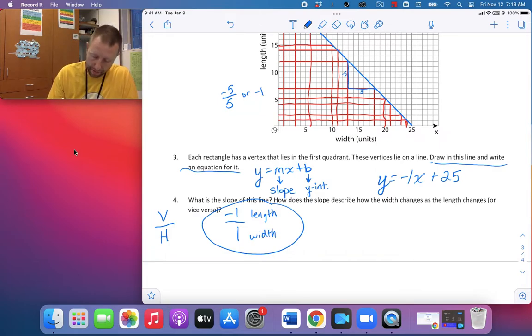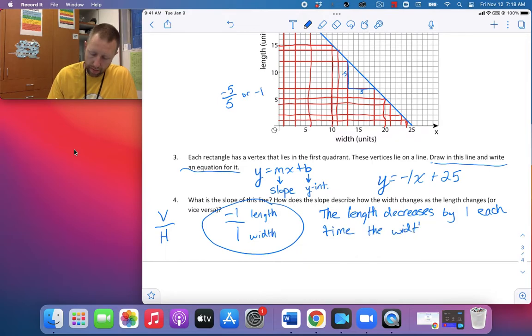So I'm going to put that. The length decreases by 1 each time the width increases by 1.